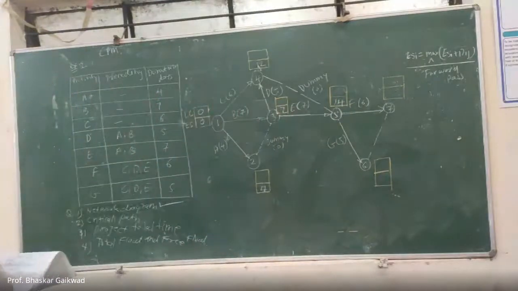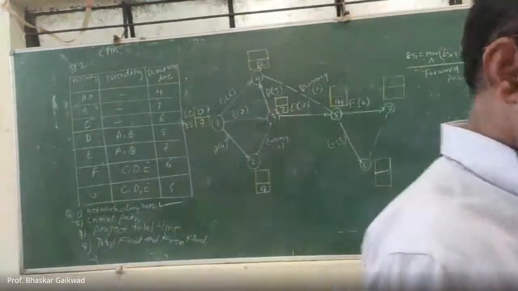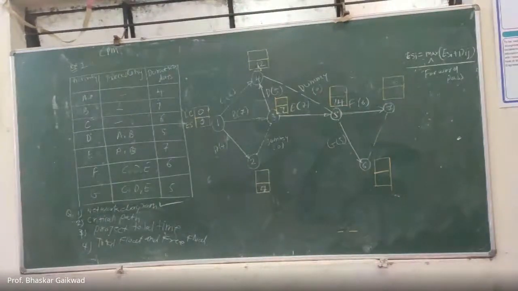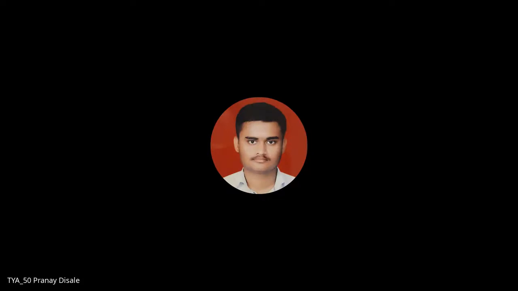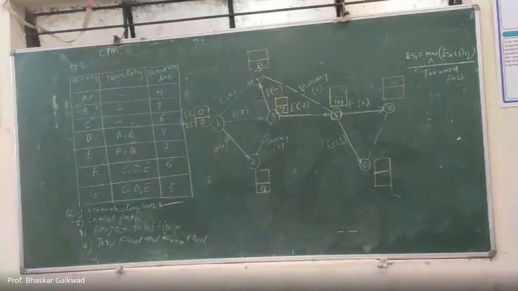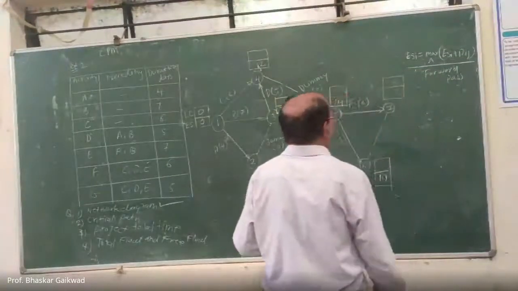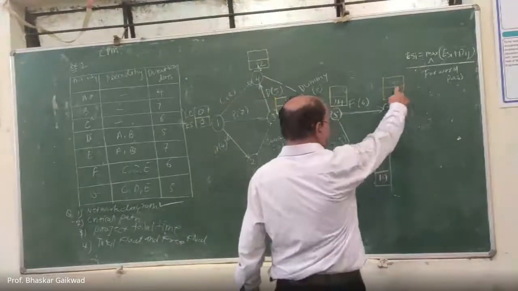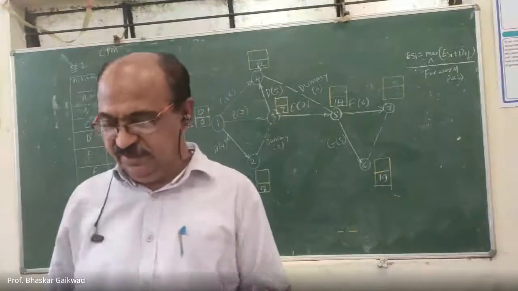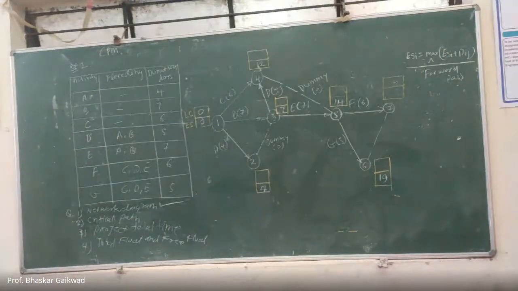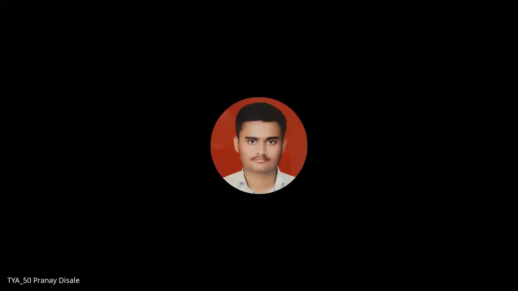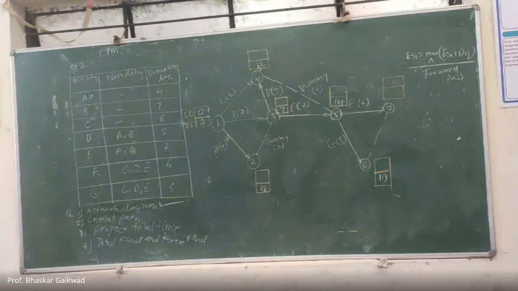Now 5 to 6. You tell me how much 5 to 6? 19. Now node number 7, how much? 20.